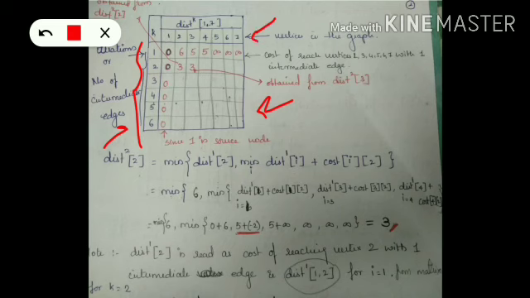And this first row which says 1, 2, 3, 4, 5, 6 and 7 are nothing but the vertices of the graph. So we said that the first step is dist k of 1, we set them to 0.